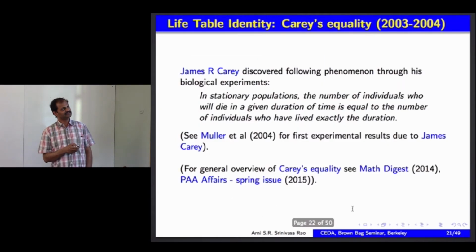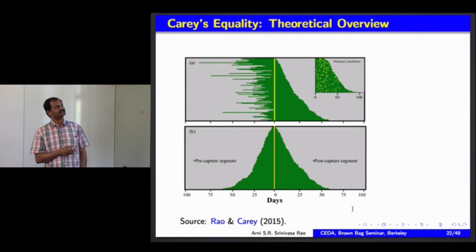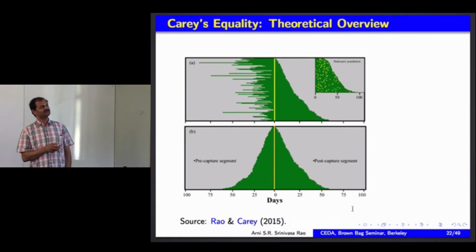Yeah. So this is after this observation. I thought I took it from Muller 2004, but it seems it is not that. It's not the exact statement. So this is again coming back to the first picture I showed. This is what they observed: all these individuals, whose lives are all along the line.